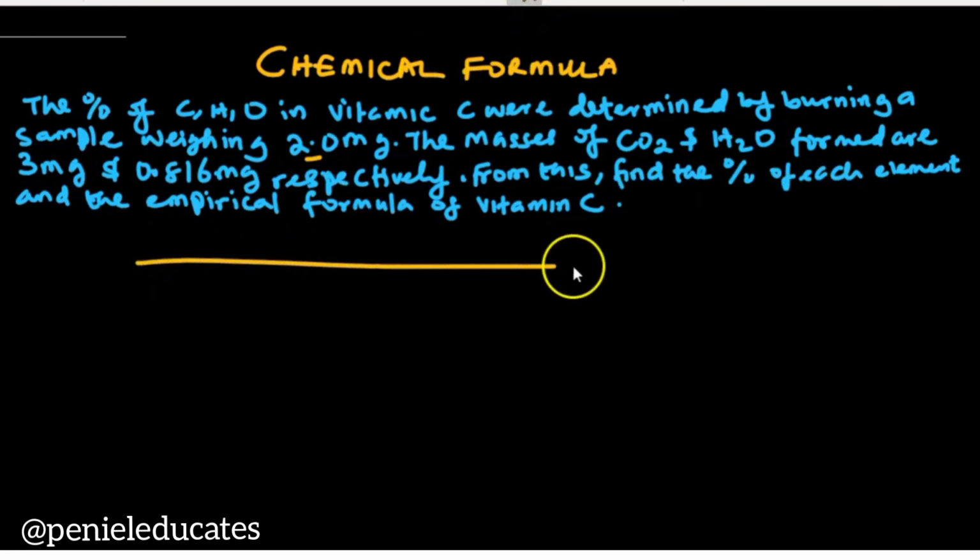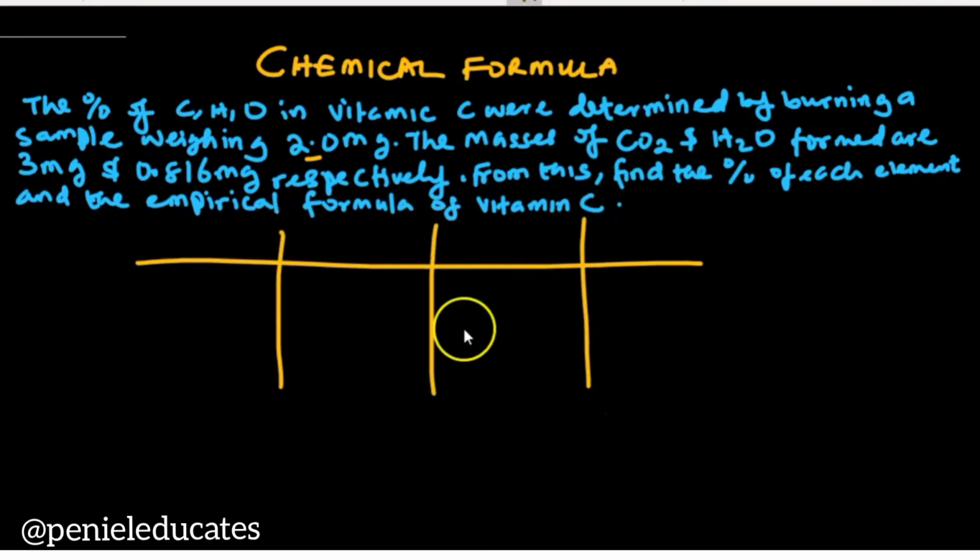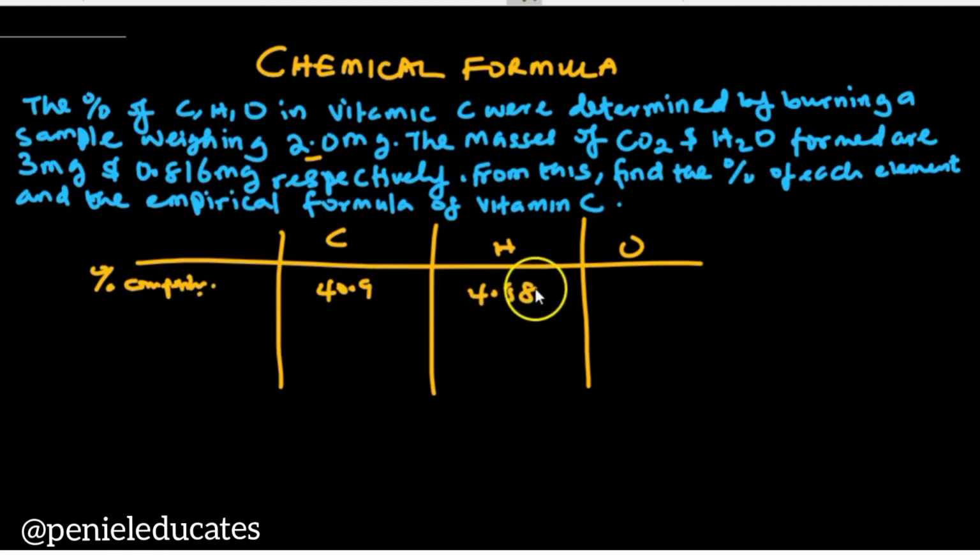Don't forget to draw a line. You have three elements: carbon, hydrogen, and oxygen. The percentage composition in the compound: we have carbon to be 40.9, hydrogen to be 4.58, and oxygen to be 54.33.